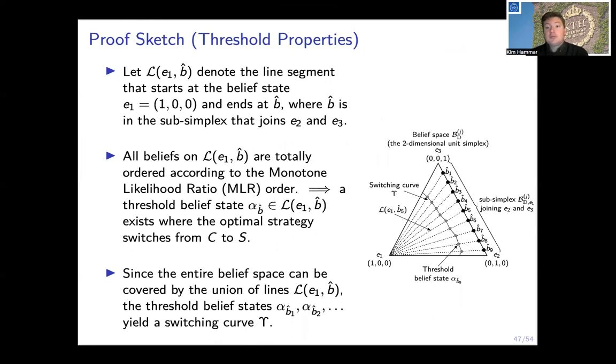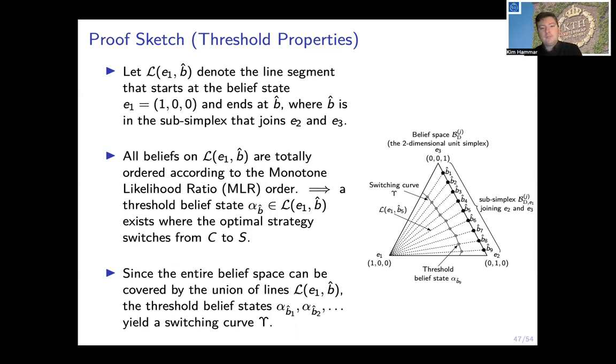So when we prove threshold structures over belief spaces, it becomes very easy when you have a one-dimensional belief space, just a line between 0 and 1, because then all the beliefs are totally ordered, and then it's very easy to show that there must be some kind of a breakpoint where you switch from one action to another, and that is the threshold. But when you have a two-dimensional simplex, it's more tricky because now the beliefs have a partial order, because you have basically two-dimensional vectors and they are partially ordered.